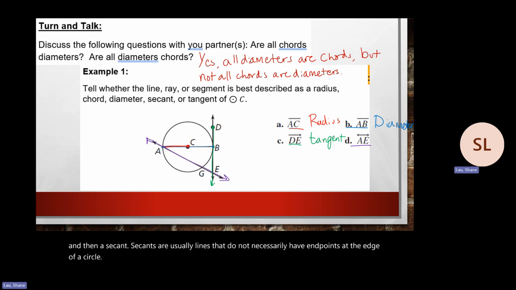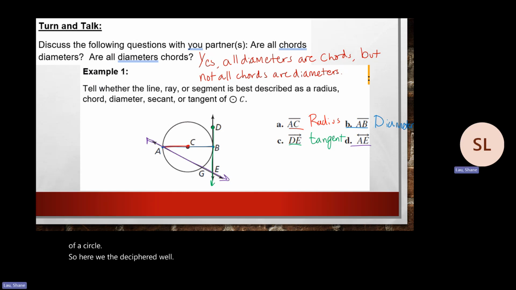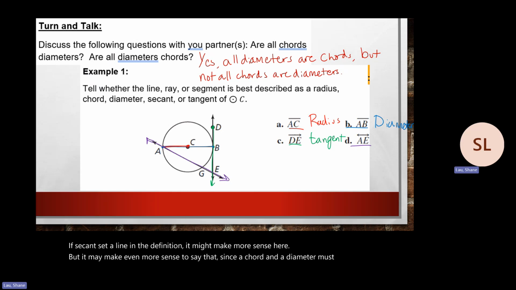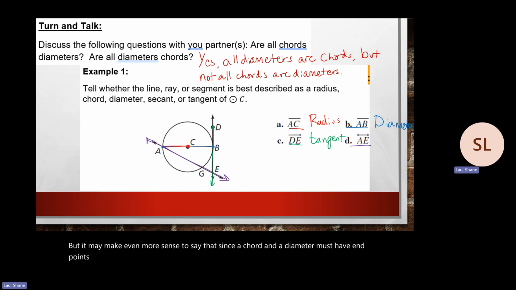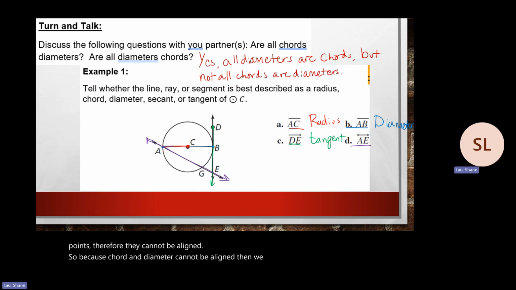So here we decipher. If secant said line in the definition, it might make more sense here. But it may make even more sense to say that since a chord and a diameter must have endpoints, therefore they cannot be a line. So because chord and diameter cannot be a line, then we can say this must be a secant.